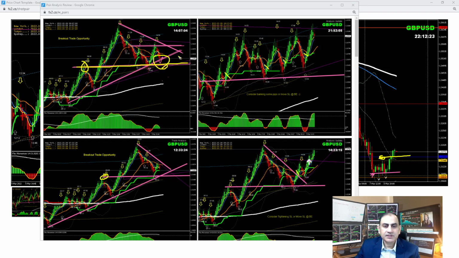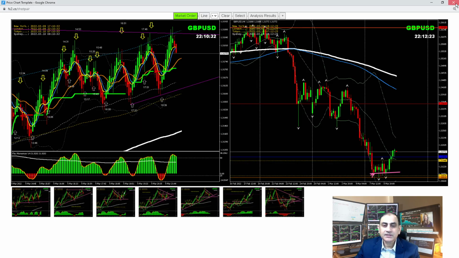Even this breakout was performed, then we have another pullback, price nicely respected, we have another pullback. So being an intraday trader, guys, you were taking 10, 15, 20 pips, banking pips. All right, guys, as you can see how we analyze the market and refine entries and exit through intraday.